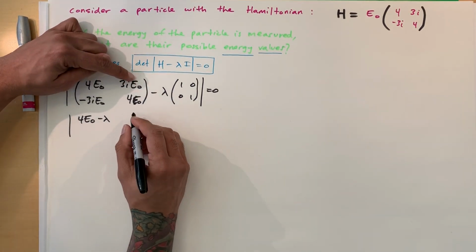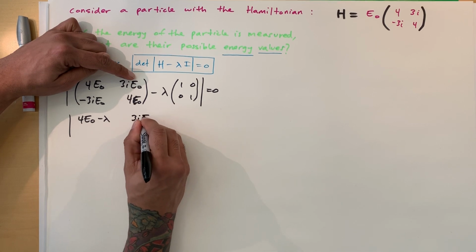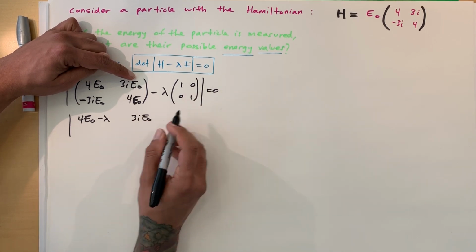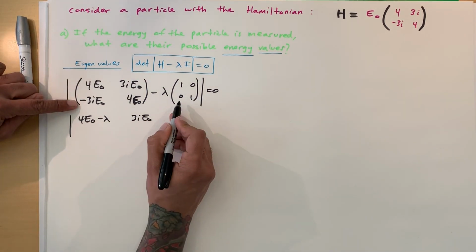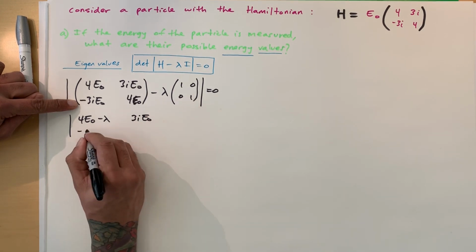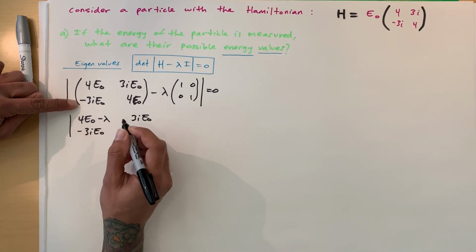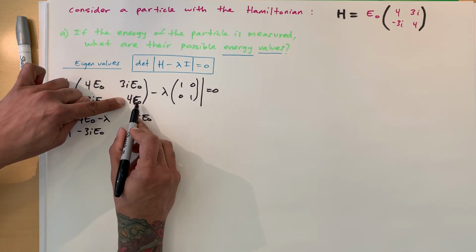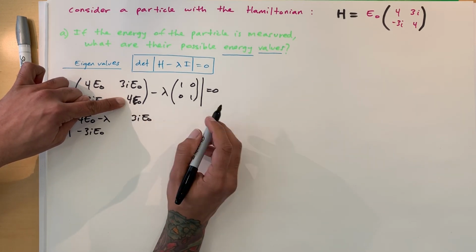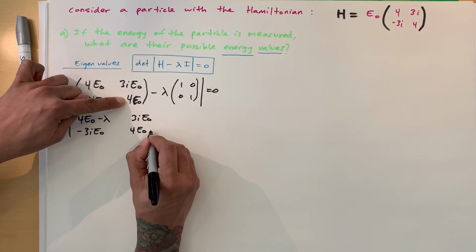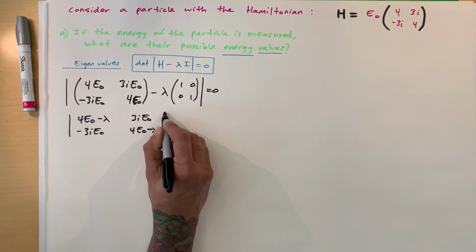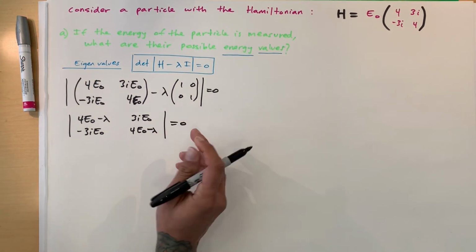This one here is going to be just 3i E naught because this is 0. We have this bottom one minus 0, so we're just going to have negative 3i E naught, and then here we have 4 E naught minus lambda, and that's our new determinant.